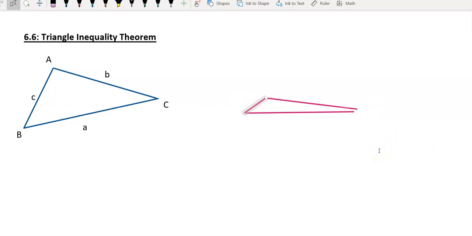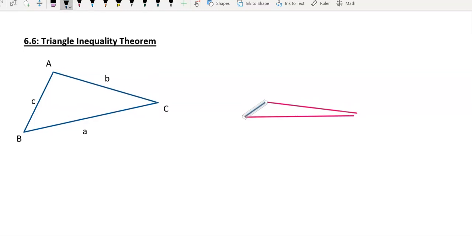Okay, so what we do is we add two sides together, and those two sides together have to be longer than the other side. So side A, when added to side B, that number has to be longer than side C. A plus C together has to be longer than side B, and B plus C together have to be longer than side A. So we write it like this.